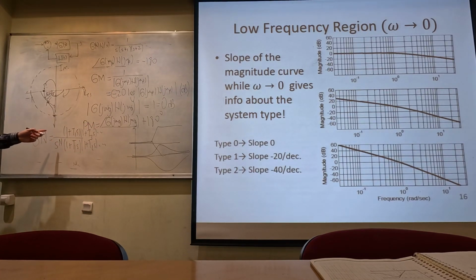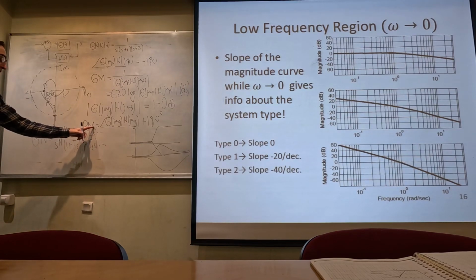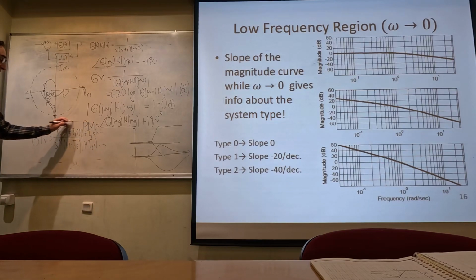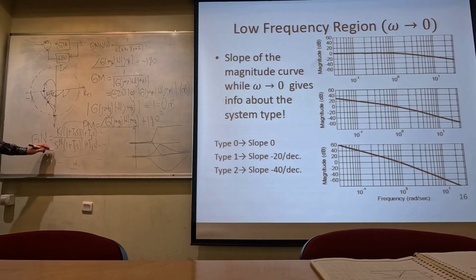And I know that at low frequencies, these s-related terms will be negligible, and everything here is going to turn into just 1. At low frequencies, this transfer function is going to be approximately k over s to the n. Okay?